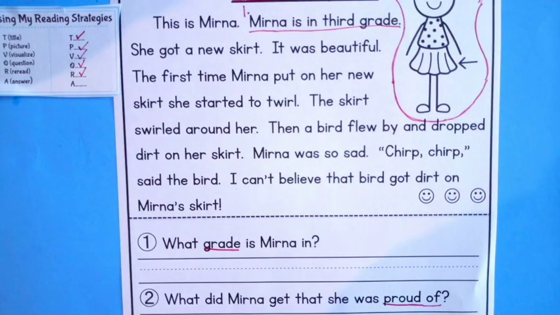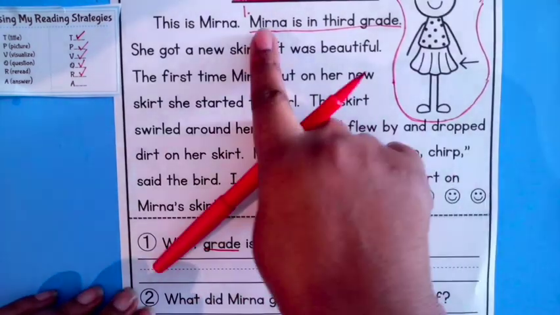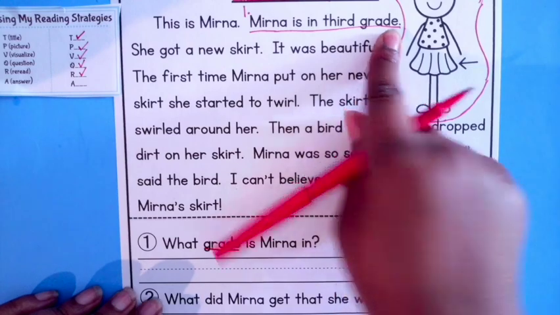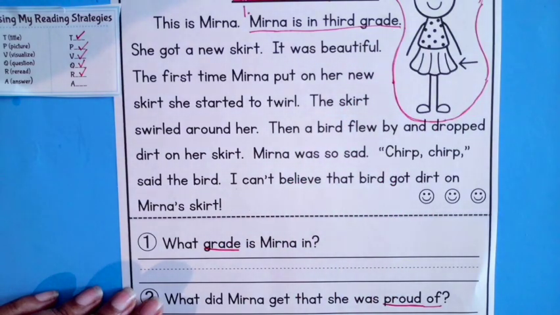And boys and girls, remember when you are writing your answer, get into the habit of writing a complete sentence, okay? All right, so basically I'm just going to copy this because we really don't have to make a sentence because it was written right there for us.